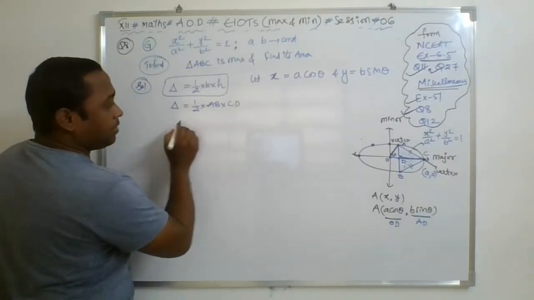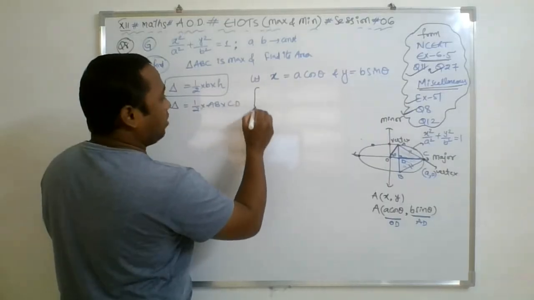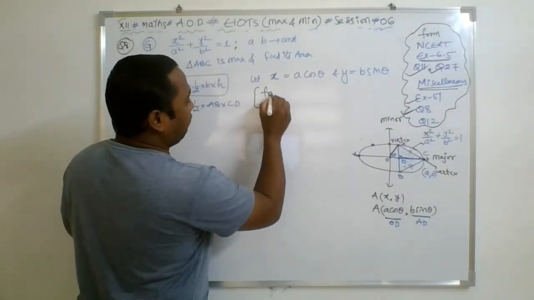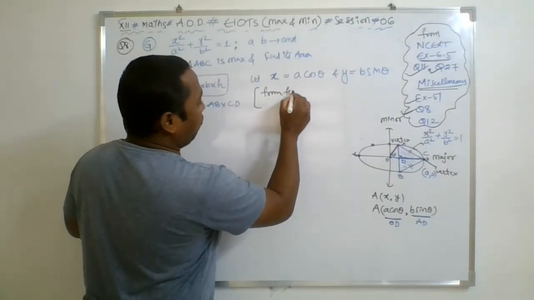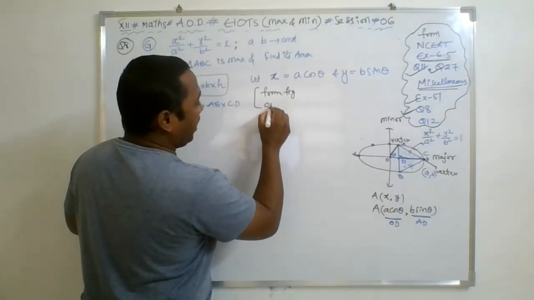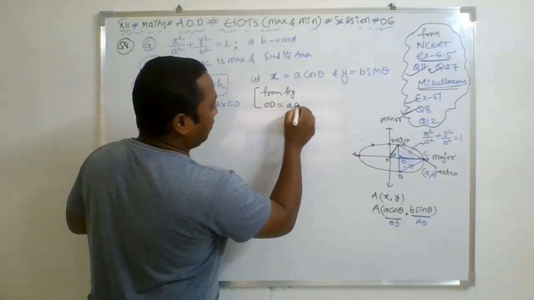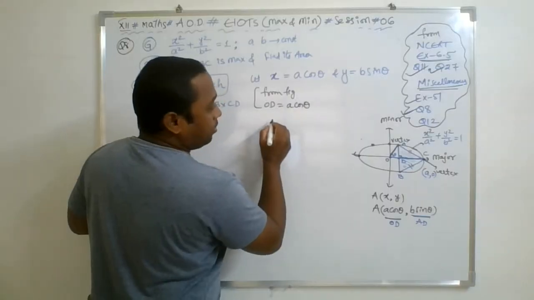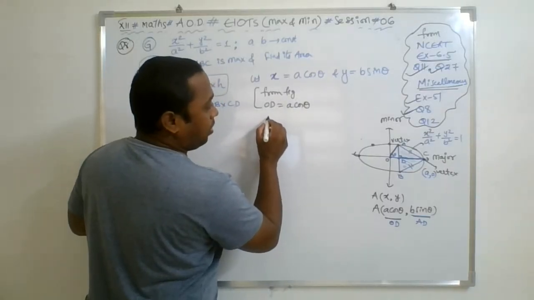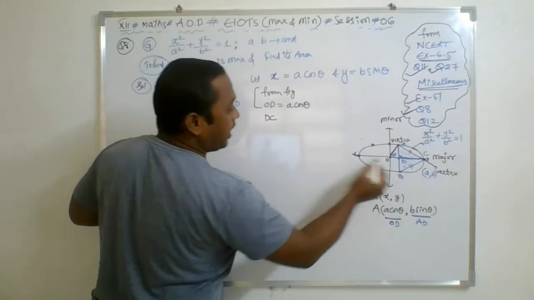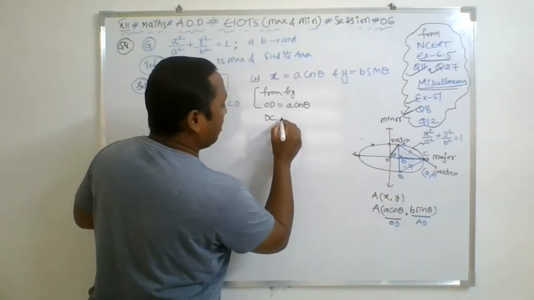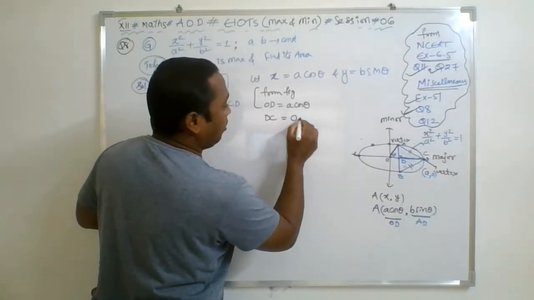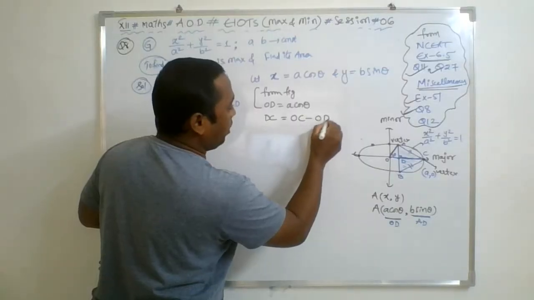So just keep it aside here. First I am writing from the figure. From the figure, what can I say? OD is a cos theta. Ultimately I required DC, the height of the triangle. So DC is given by OC minus OD.